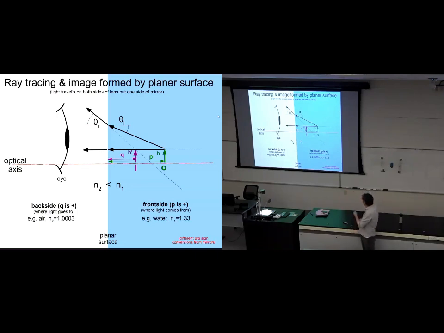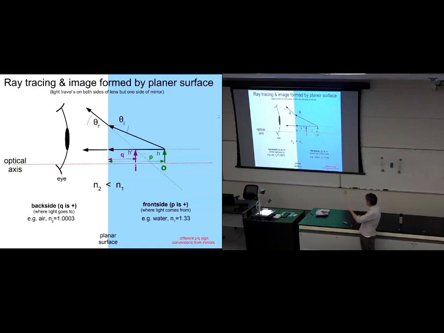And the light is emerging from some object, maybe the fish in the fish tank. Here is that object. We've indicated a little vertical arrow like we did in the last class. The light rays head out from the right-hand side towards the left-hand side, where I'm going to observe them.